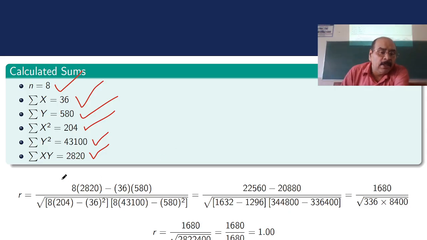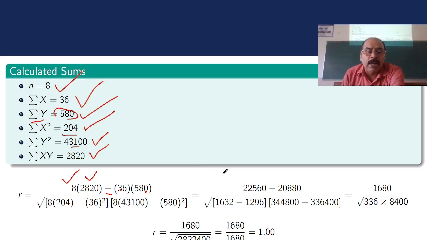So n sigma xy minus sigma x into sigma y, divided by root of n into sigma x square, that is 204, minus sigma x, that is 36, the whole square, into 8 into sigma y square, that is 43100, minus sigma y the whole square, 580.